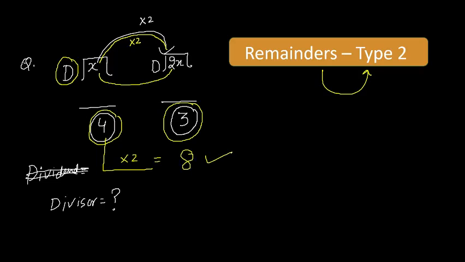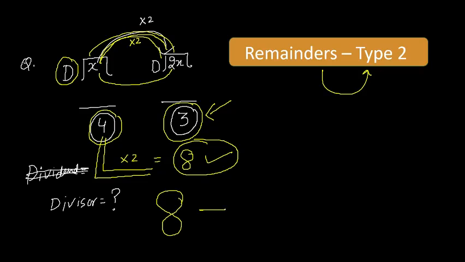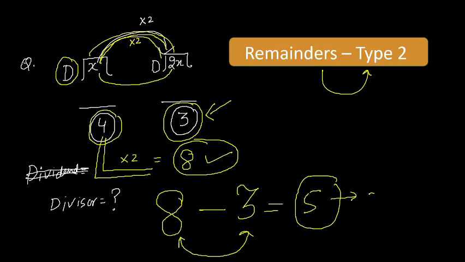It should come 8. But he is saying no, it is coming 3. According to us, if we are doubling here, the remainder should also double. So it should come 8, but when it is coming different, just find their difference, and you will get your divisor.